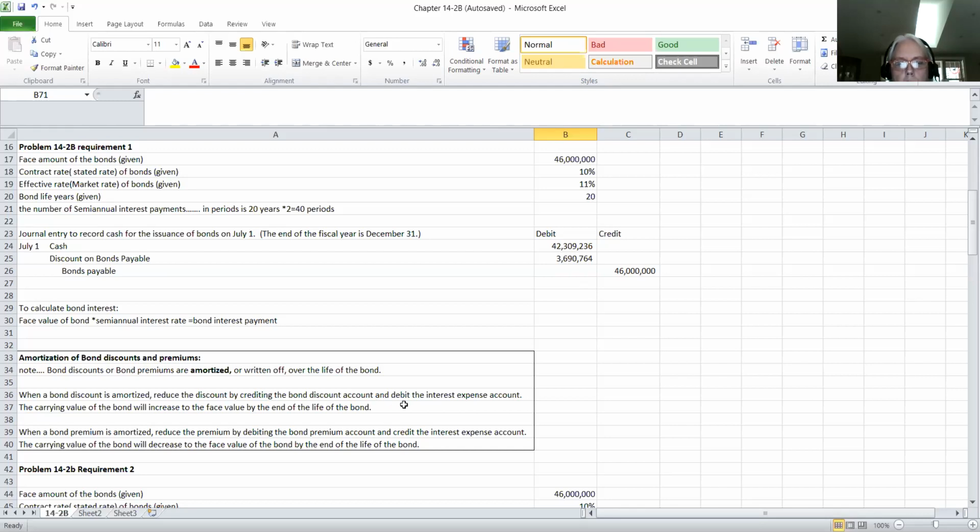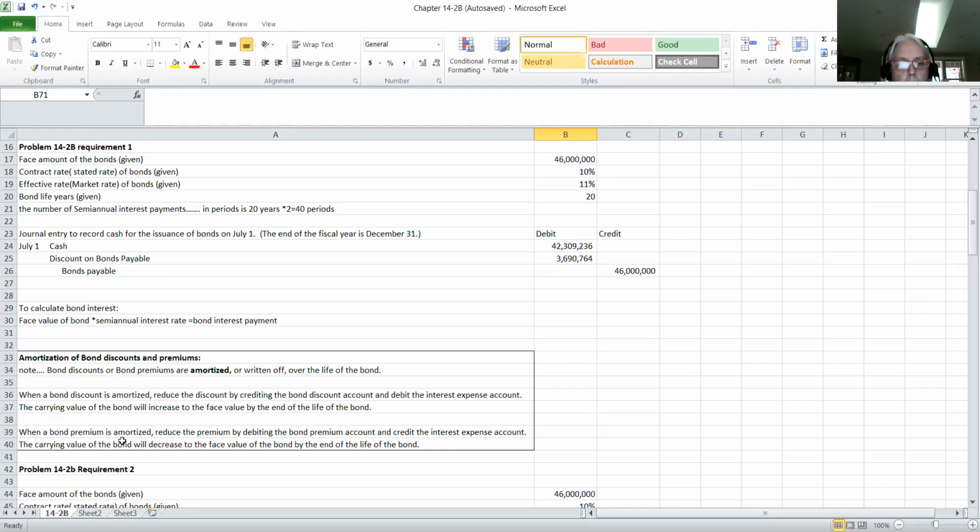And to go with that, instead of using amortization expense, we use an account called interest expense. So interest expense would be debited, our discount on bonds payable would be credited, and that's how you amortize a discount on a bond.